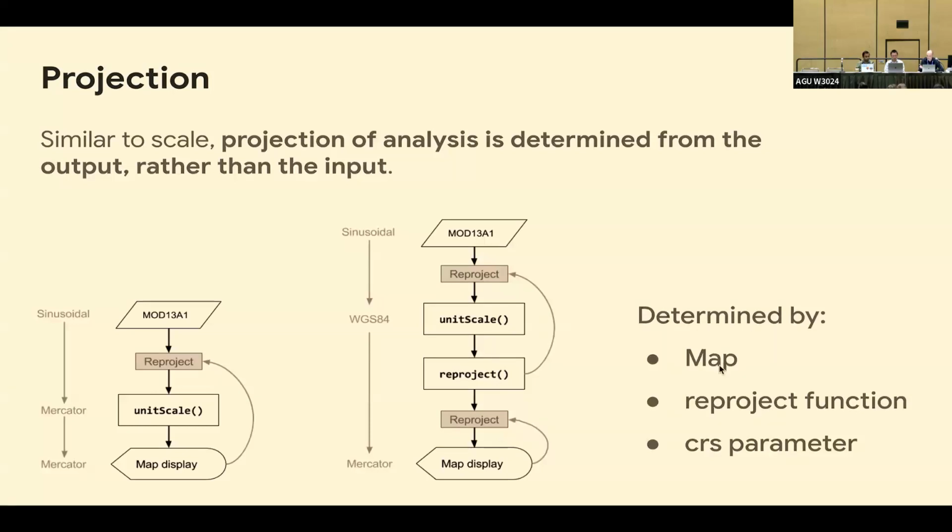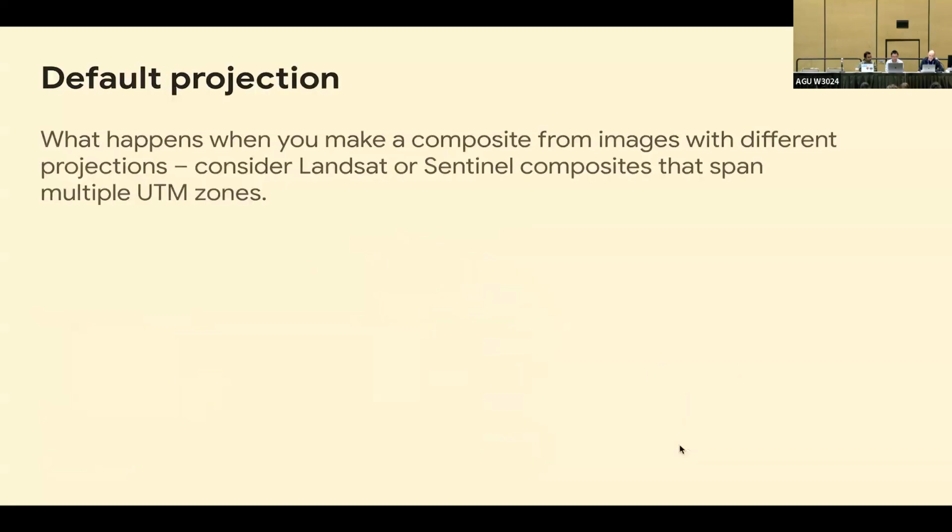And again, projection is determined by map functions, zooming in and zooming out. You can reproject, or anytime you're given a CRS parameter, you can specify projections. And if you don't specify projections, it just uses the default projection, which, if it's a single image, will generally be whatever projection that image was in.